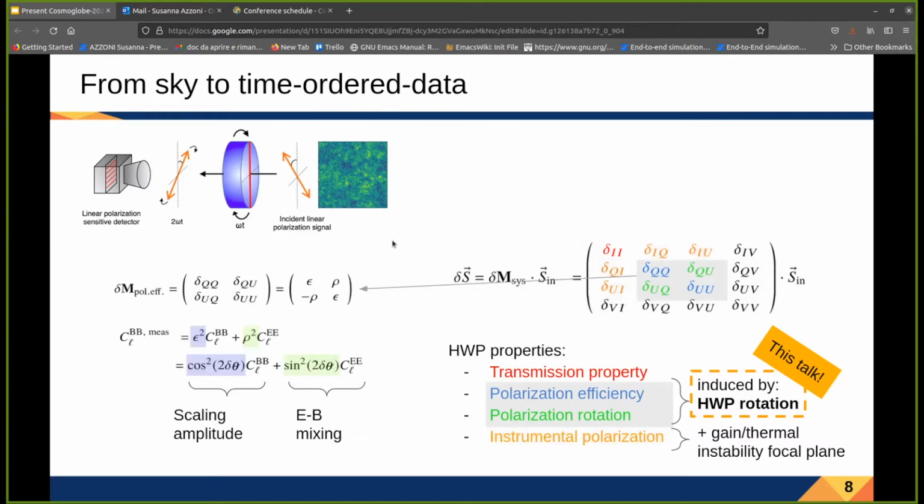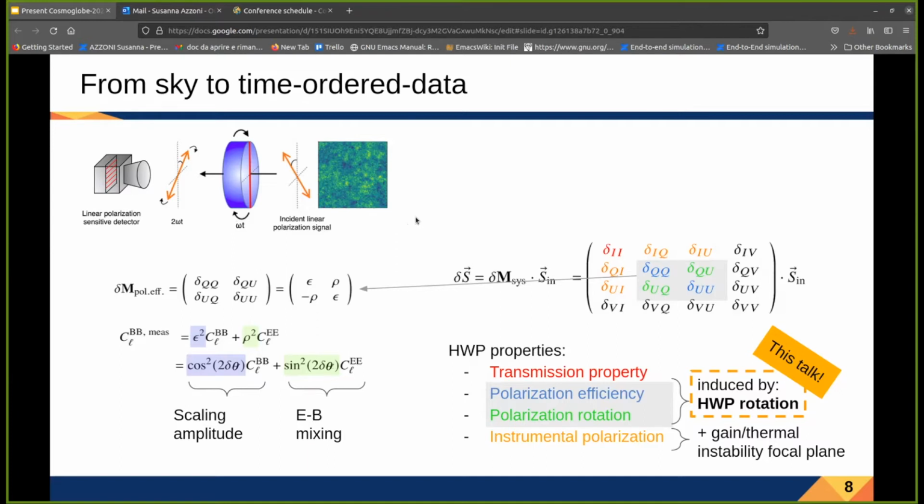Right, so in this study here, we're studying the rotational instabilities of the half-wave plate. And in particular, the half-wave plate angle is usually determined using an optical encoder. And so by studying the half-wave plate angle instabilities, we can determine calibration requirements.